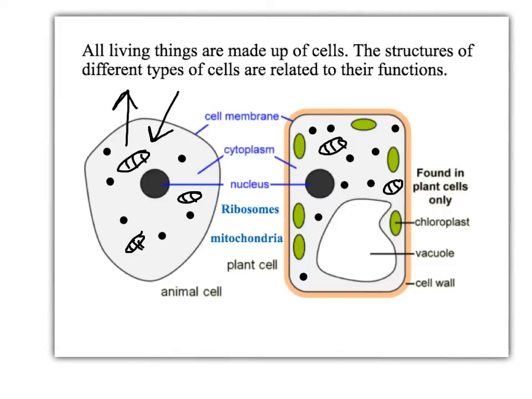So this is where aerobic respiration takes place and provides energy for the cell. We then have the chloroplast. You can see they're green, they contain chlorophyll, and chlorophyll traps the sunlight, okay, for photosynthesis. We then have the vacuole, which contains cell sap and keeps the plant rigid and turgid, and also the cell wall, which is this orange layer here, the outer supporting layer of a plant cell, which helps give it support.